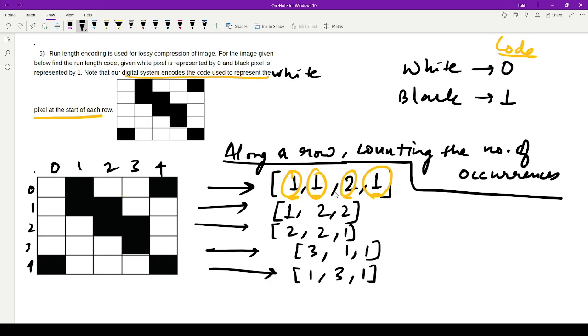One white, one black, two whites, one black. The next one is two blacks, two whites.